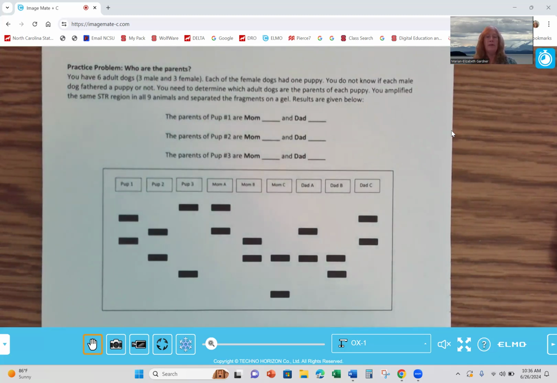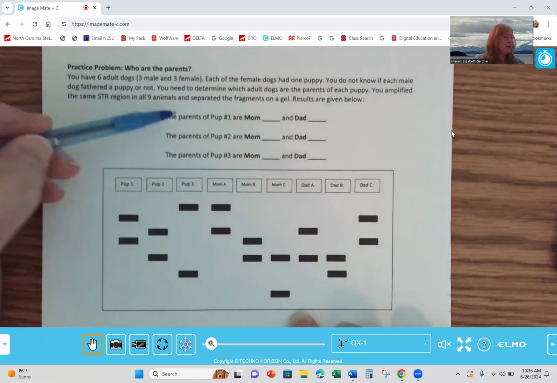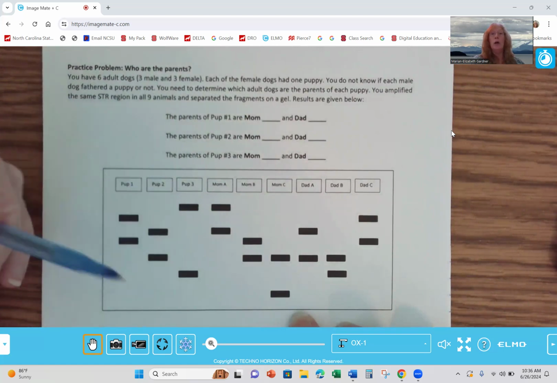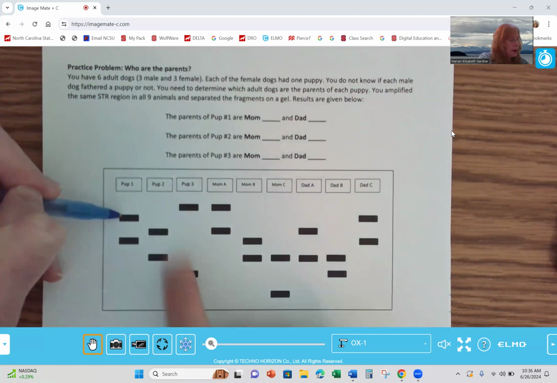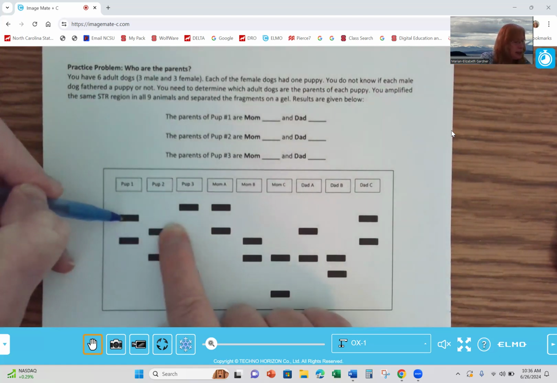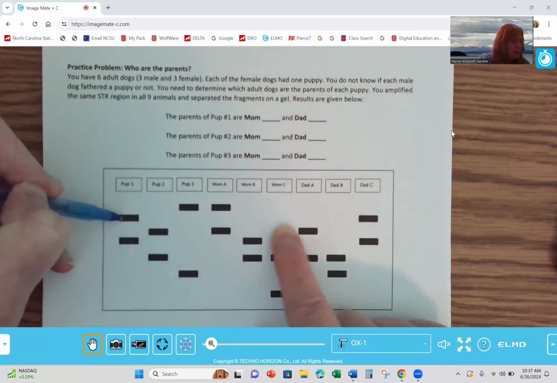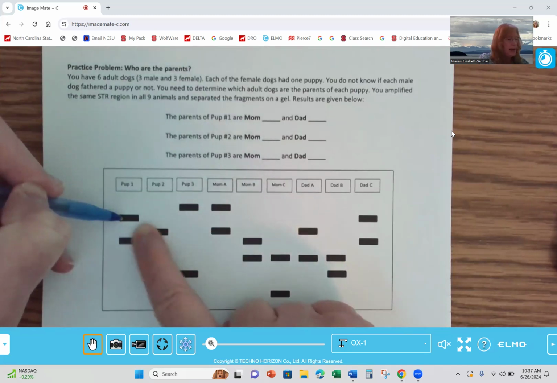We amplified the same STR region in all 9 animals, separated them on a gel, and here are our results. So I would tackle this by just starting at the top and listing out who are the possible parents for each puppy. So puppy 1, and look across here, mom A, mom B, mom C. None of those moms have that band.